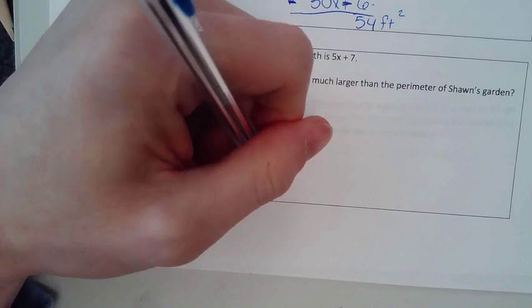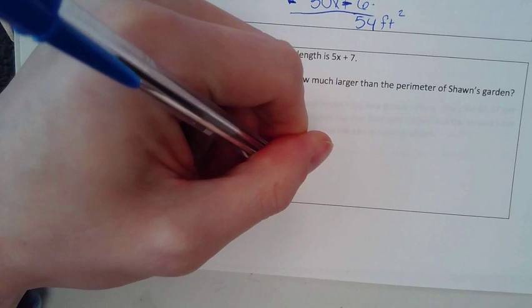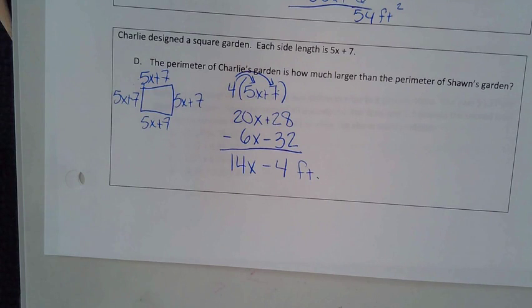Negative 4. Good job. And then it's perimeter, so it's feet. That's the answer. Any questions?